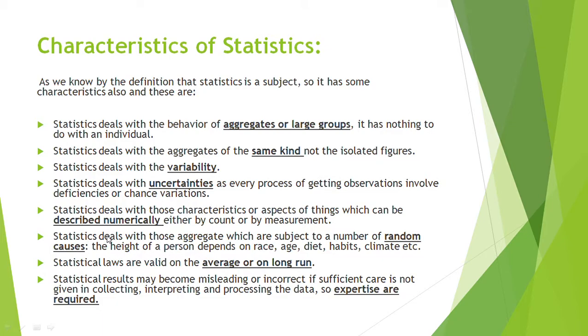So, we will study the questions also related to this type, that one variable will be dependent on the other variables. Then statistical laws are valid on average or in the long run. Statistical laws are valid on average, meaning when you repeat it a large number of times, these laws will be valid.